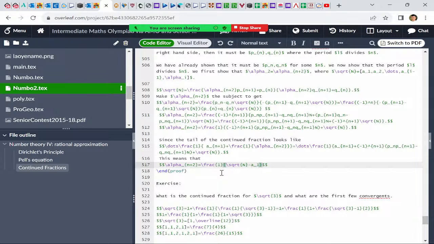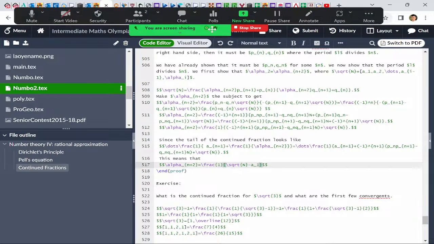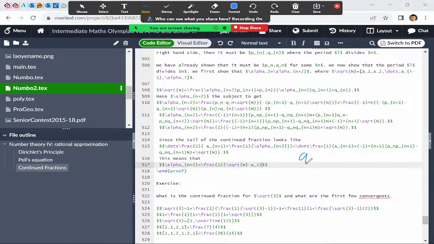Okay, but remember, that's also like a2 plus something, right? Like we have a1 plus 1 on, right? And then this is square root n minus a1, right? And this is equal to alpha 2, you know?